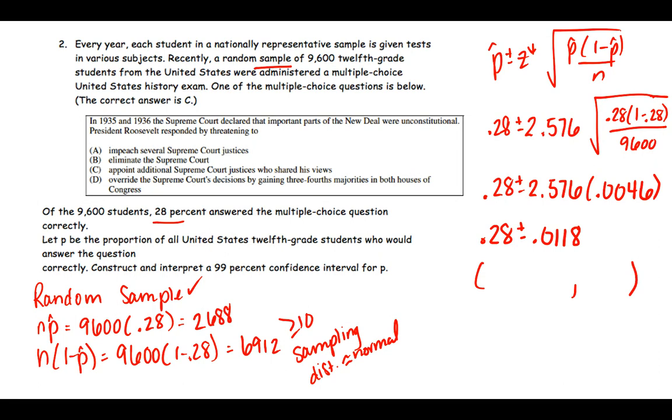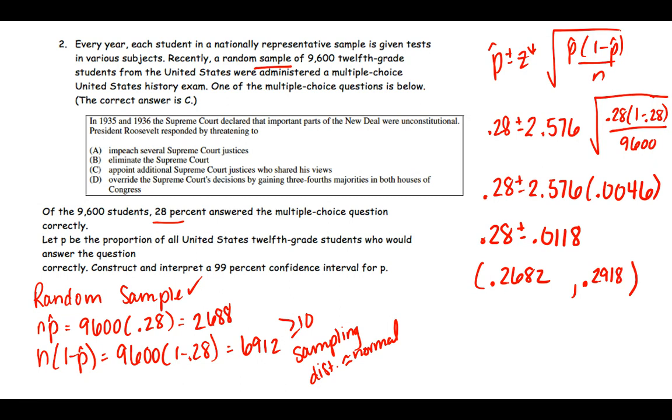So again, then I subtract that from 0.28. So 0.28 minus 0.0118 is going to give me 0.2682 for my lower bound. And then if I do 0.28 plus 0.0118, my upper bound is 0.2918.